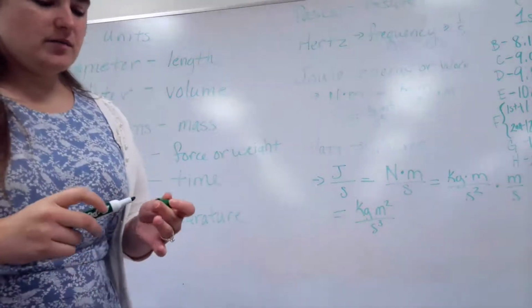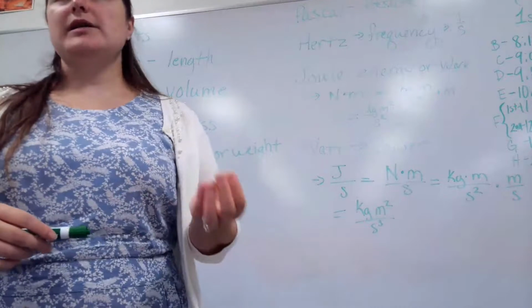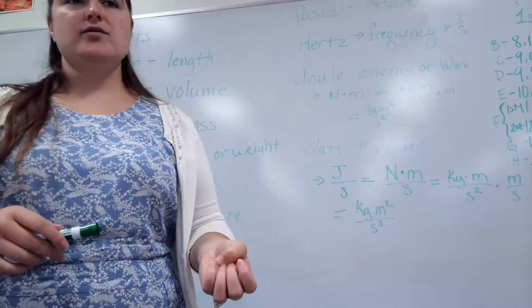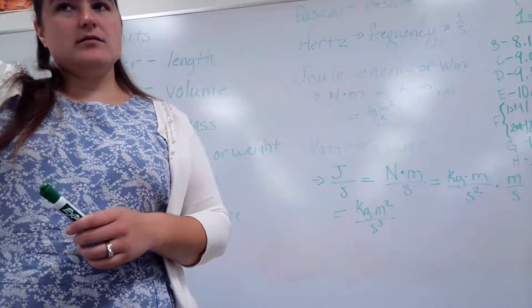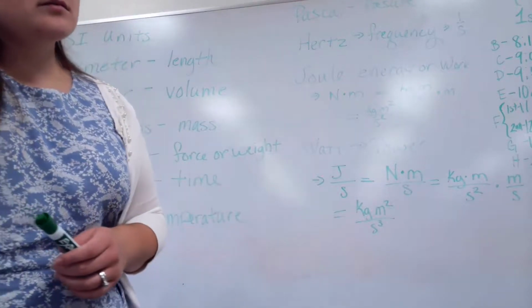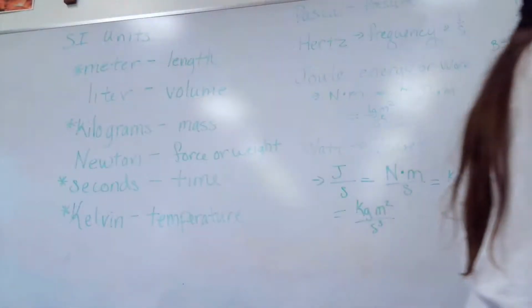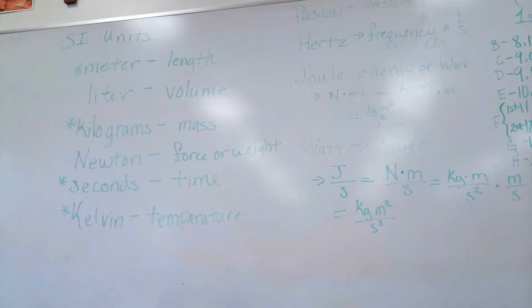Pressure is going to be our force per unit area. So what do we use to measure area? Any ideas? Length times width. Okay, so our units are going to end up being meters squared. Does that make sense? So we've got meters squared.